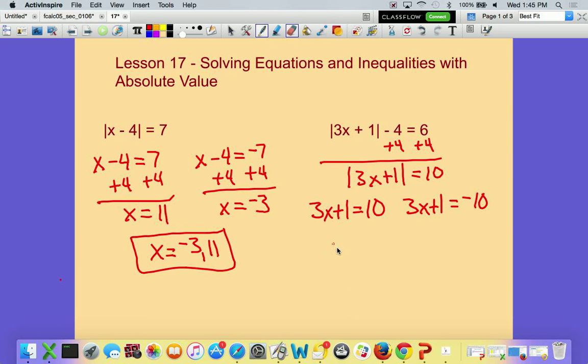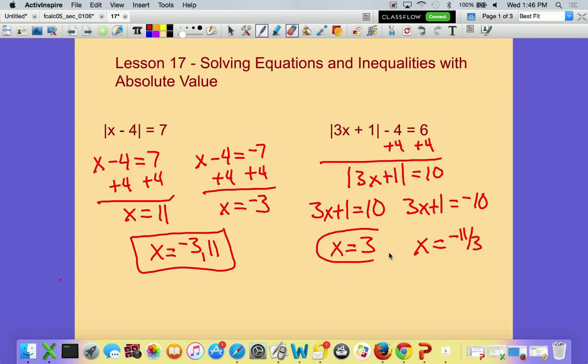Alright, from here, subtract 1 is 9, divide by 3 is 3. Subtract 1 is negative 11, divided by 3 is negative 11 thirds. Now, like I said before, plug these in to make sure it works. 3 times 3 is 9, plus 1 is 10, absolute value of 10 is 10, minus 4 is 6.